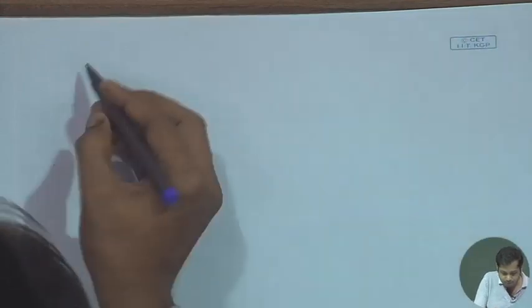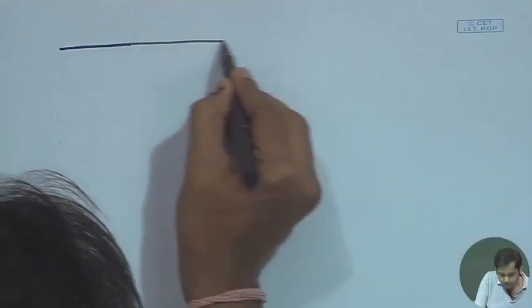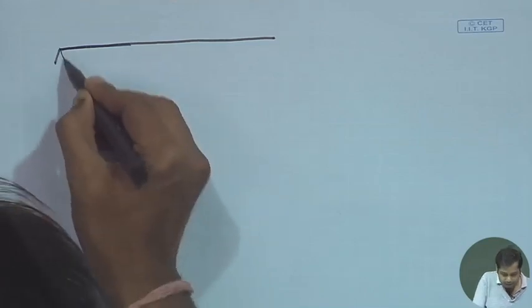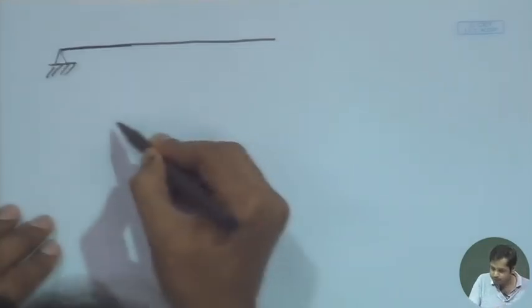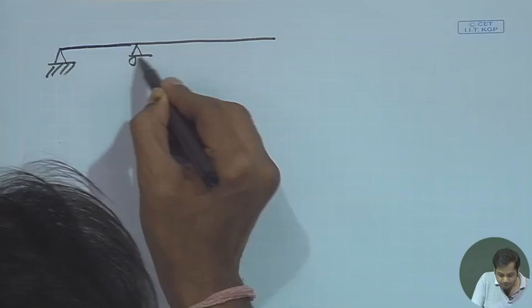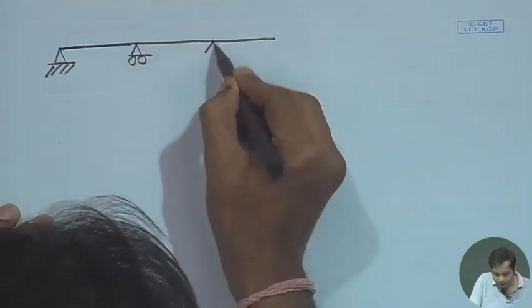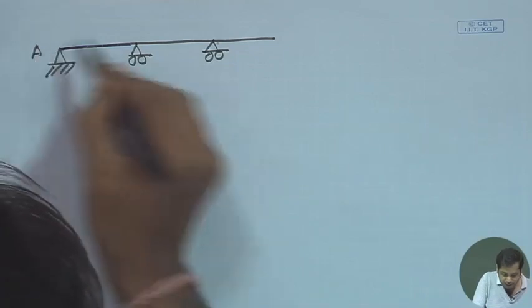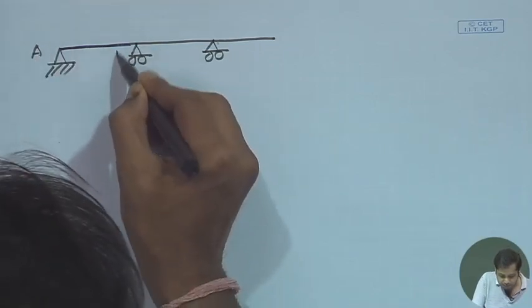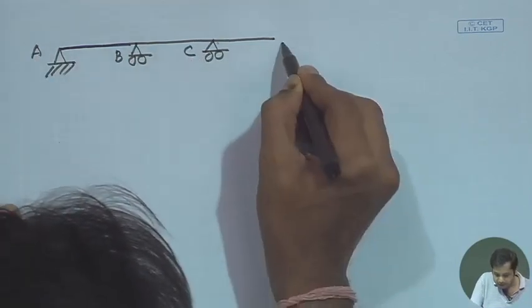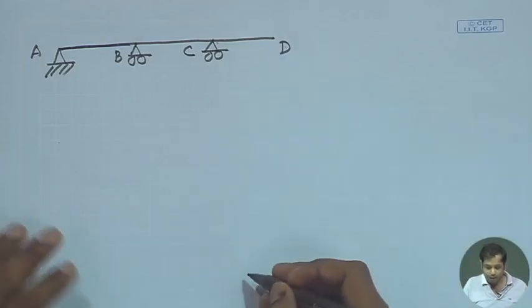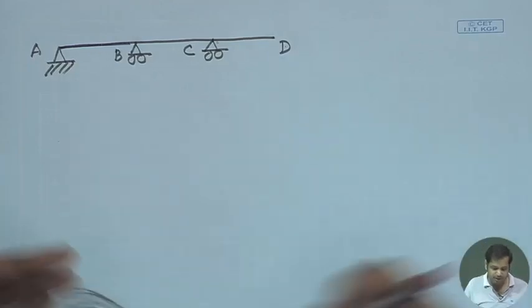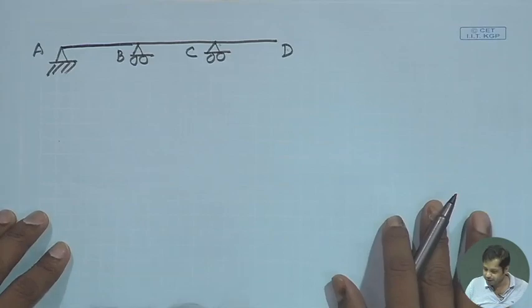This is a continuous beam. This is a simple support here, then we have another roller support, then another roller support, and suppose this is A, this is B, this is C, and this is D. Now let's try to understand what would be the deflected shape of the beam.